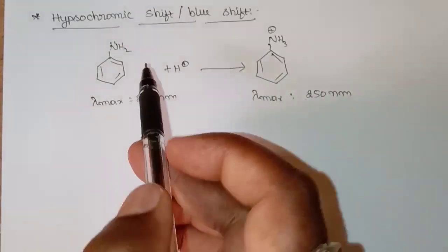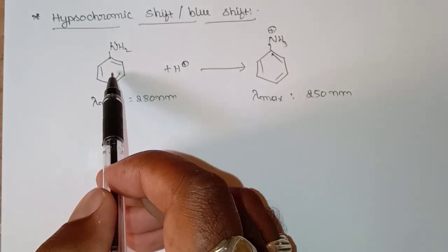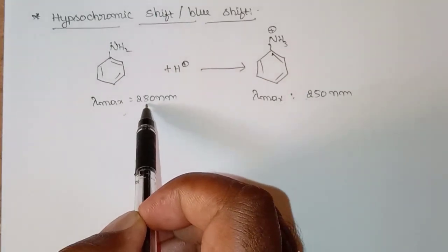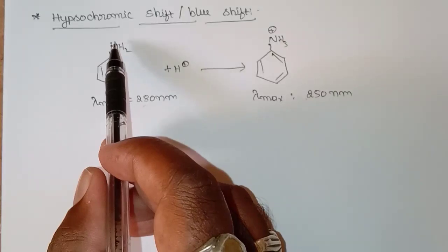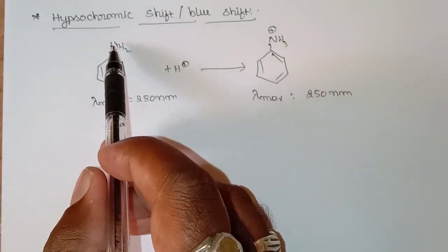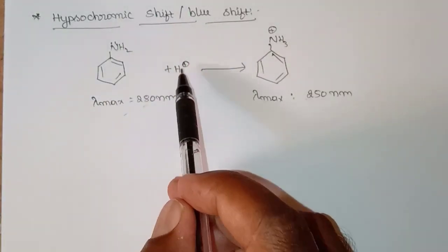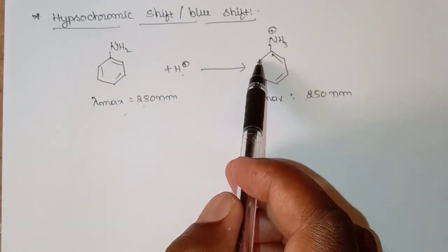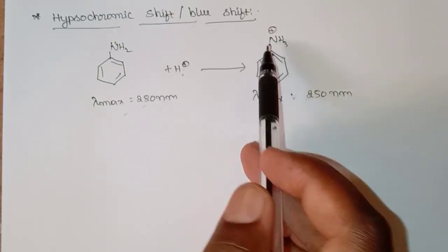And here you can notice that benzene shows an absorption maximum at 250 nanometers, but aniline shows it at 280 nanometers, due to the increased resonance of the pi bonds in benzene with the lone pair of electrons on the nitrogen. But when aniline is treated with an acid, H+, the formation of the anilinium ion removes the lone pair of electrons on nitrogen.